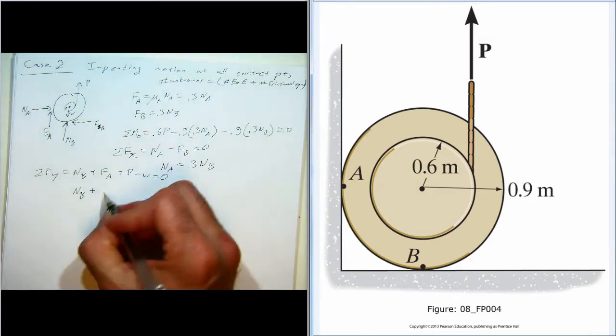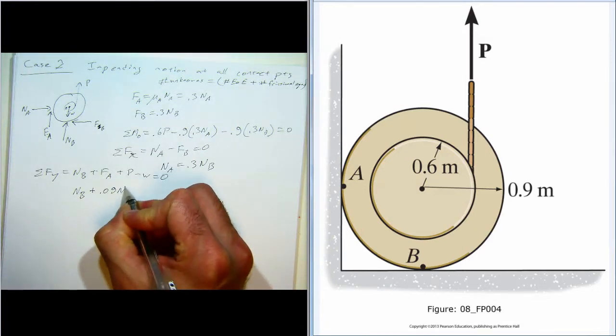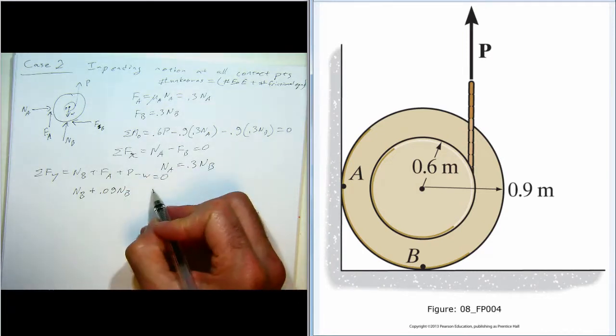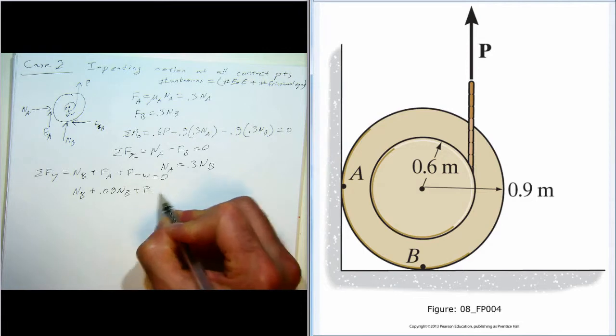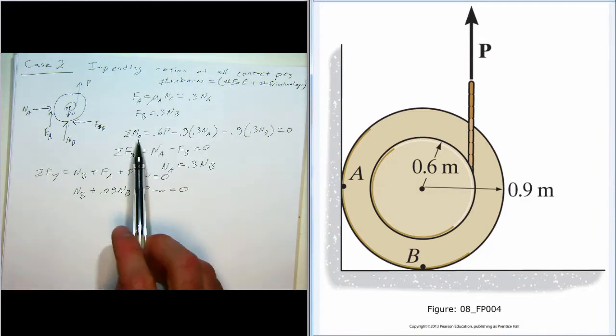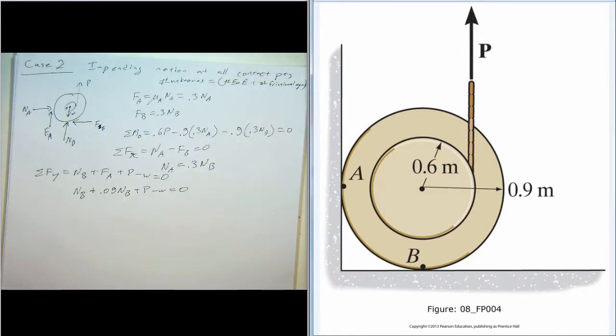So FA is 0.09 NB, plus P minus W is equal to 0. So we've used all 5 of our equations now. 1, 2, 3, 4, 5. And so now we should be able to solve for P, which is what we wanted.